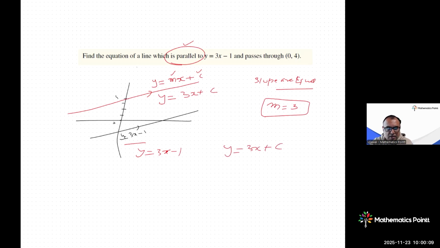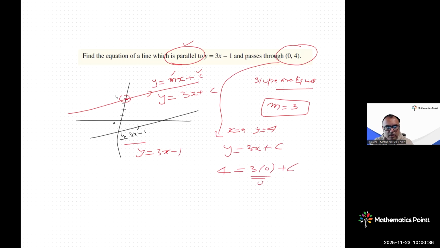Now I am given another information that this line passes through this point 0, 4. Plug 0, comma 4 here. X equals to 0 and y equals to 4. Let's do it. Y is 4, 3 times x is 0, plus c. 3 times 0 makes it a 0.